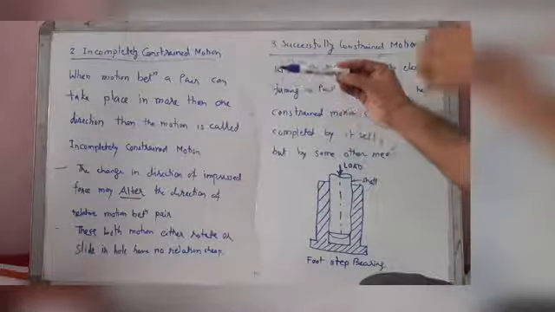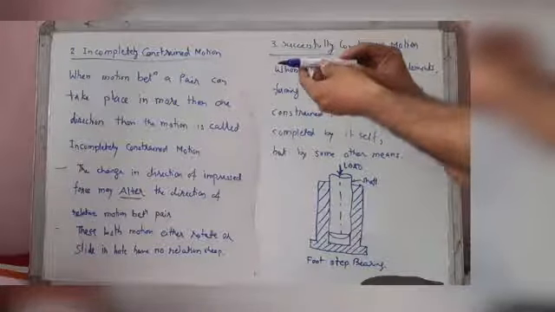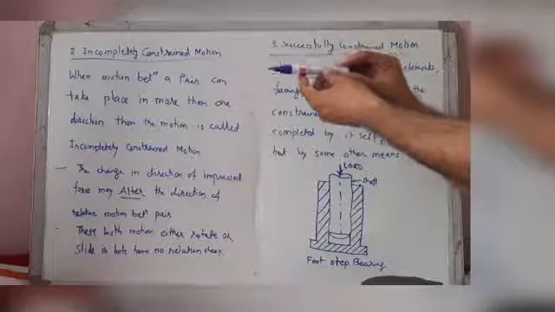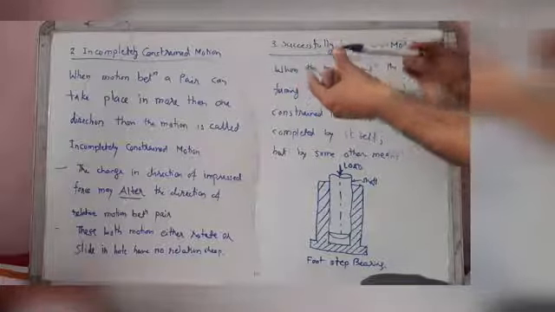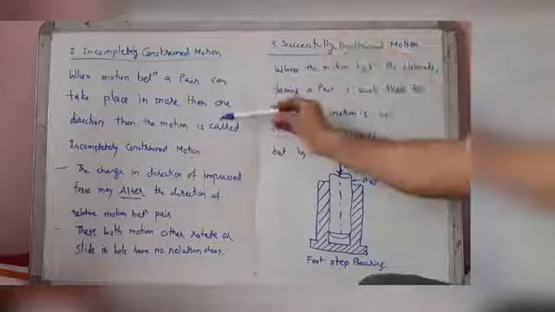Here we have discussed a circular hole and a shaft. This shaft can rotate and it can go in and out, that is, reciprocate. Two types of motion are allowed here.